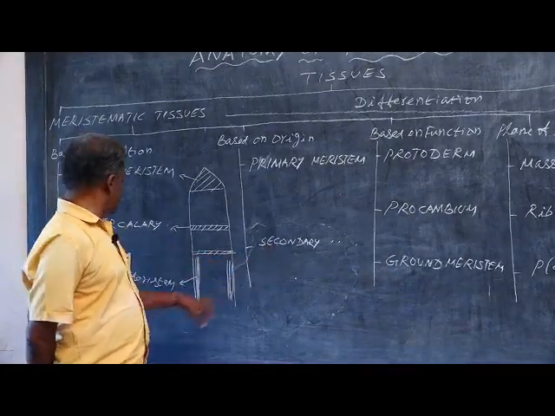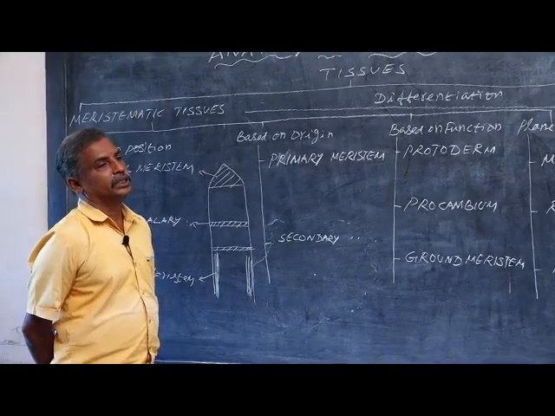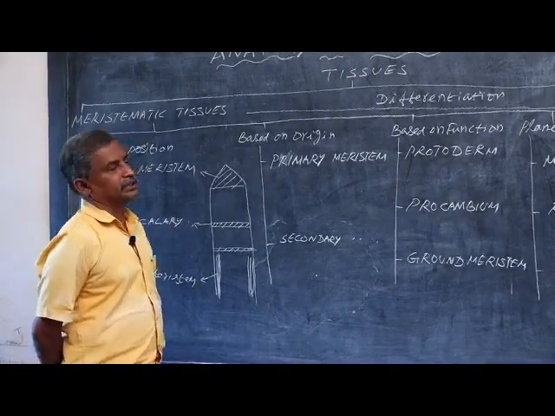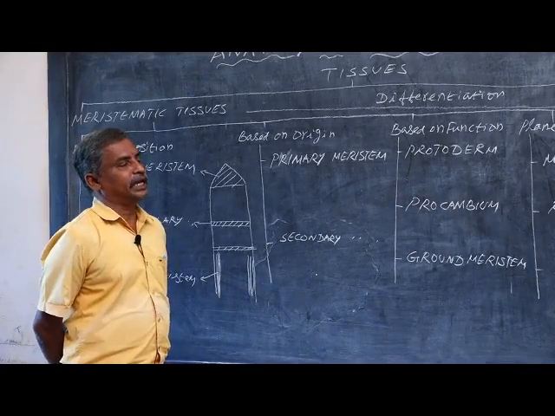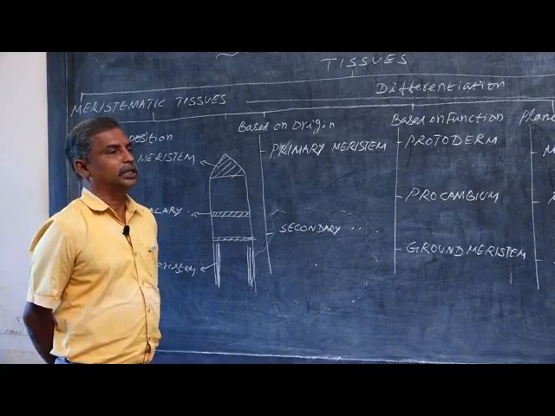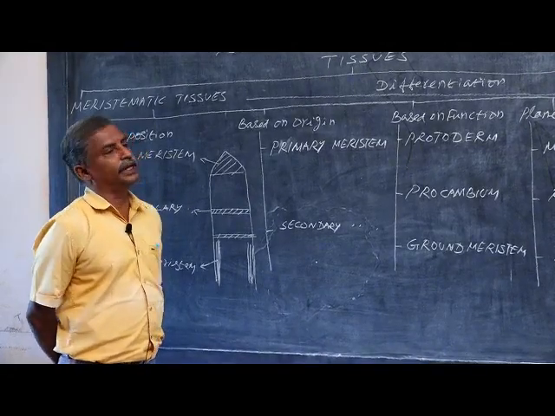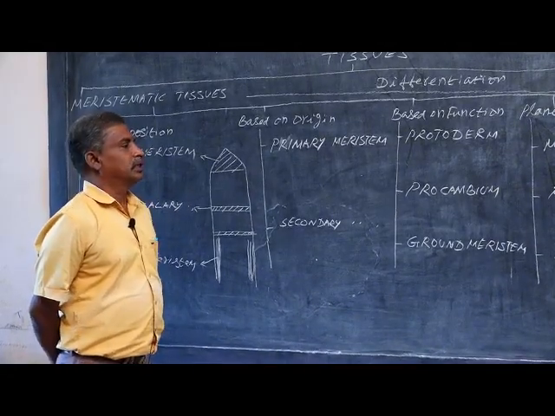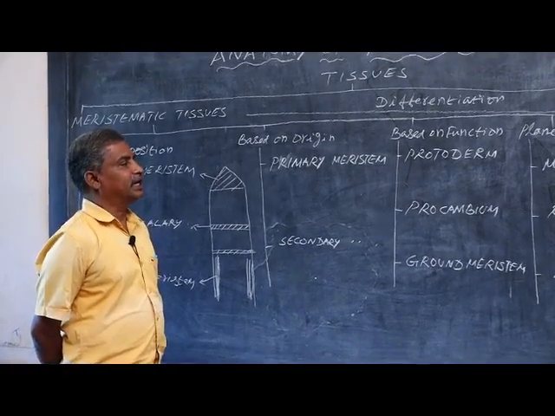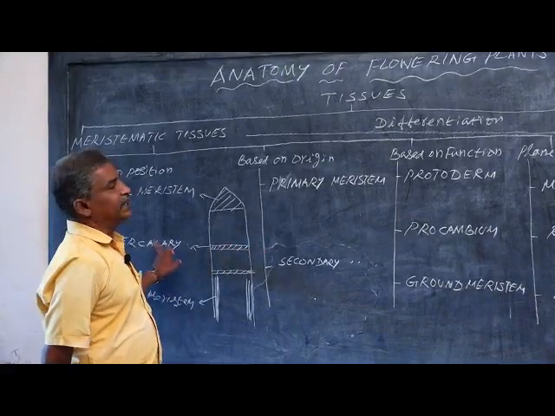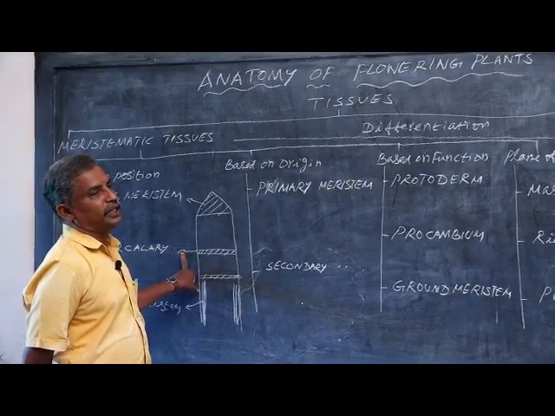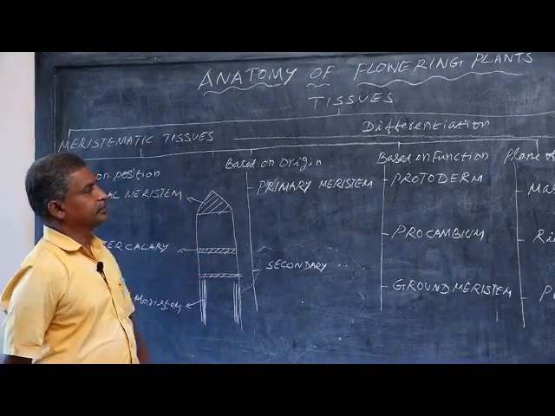Lateral meristems are classified under secondary meristem because the interfascicular cambium and cork cambium are responsible for the secondary growth of the plant. Secondary growth is mostly found in the dicot stem. In the monocot stem, we may not see secondary growth. So, in the monocot stem, intercalary meristem is the major meristem responsible for the internodal elongation.